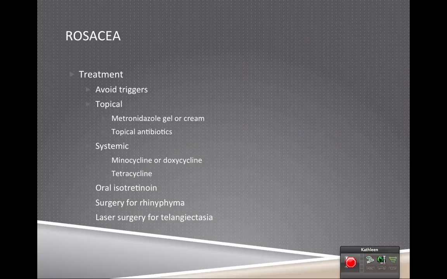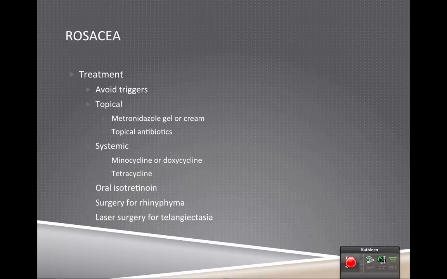Treatment: you want to avoid triggers. Topical, you can give metronidazole gel or cream, which is Flagyl. Topical antibiotics can be used with rosacea.